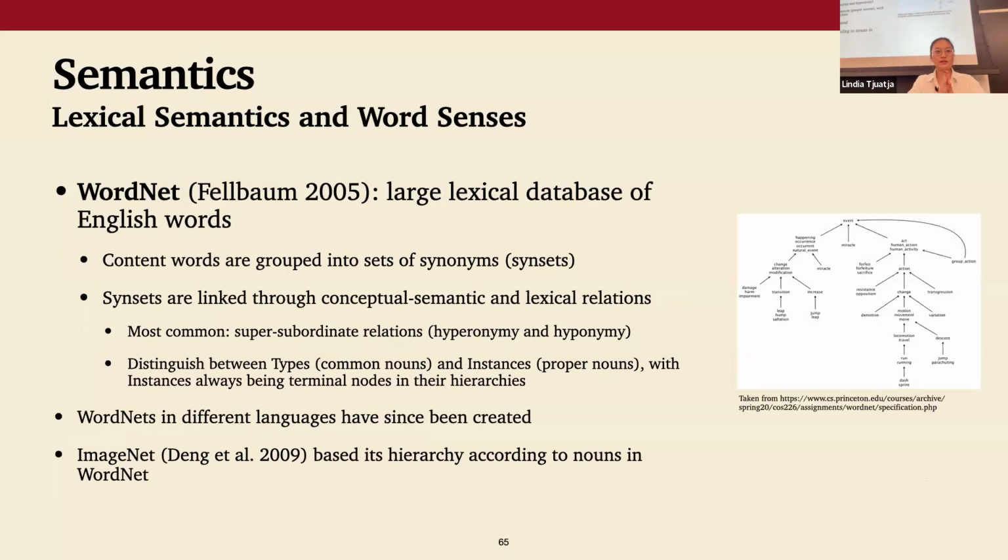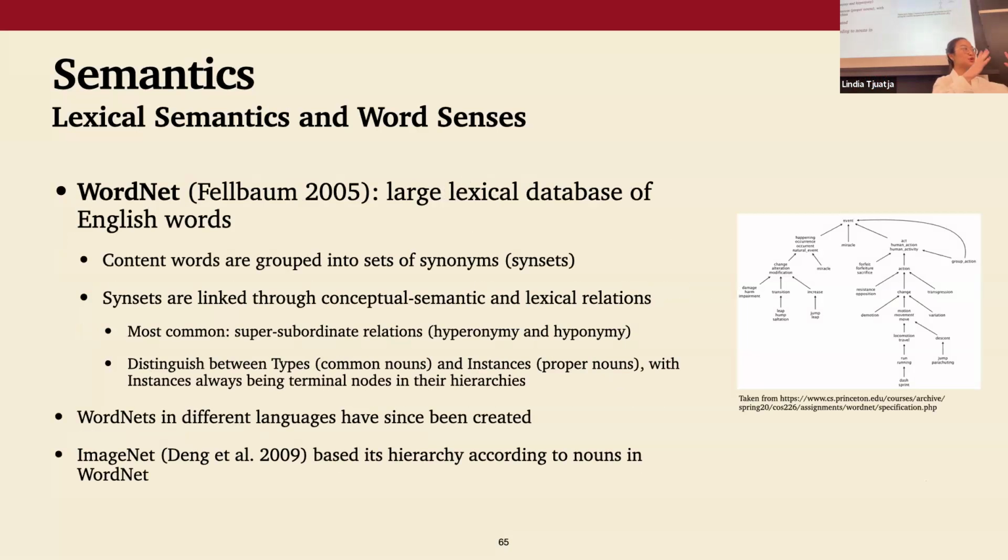So one really large project back in 2005 was to take a bunch of English words and categorize them based on their relations to other words. This is WordNet, which is a very large database of English words, where they basically took all the content words like nouns, verbs, adjectives, and adverbs, and grouped them into sets of synonyms, which they call synsets.